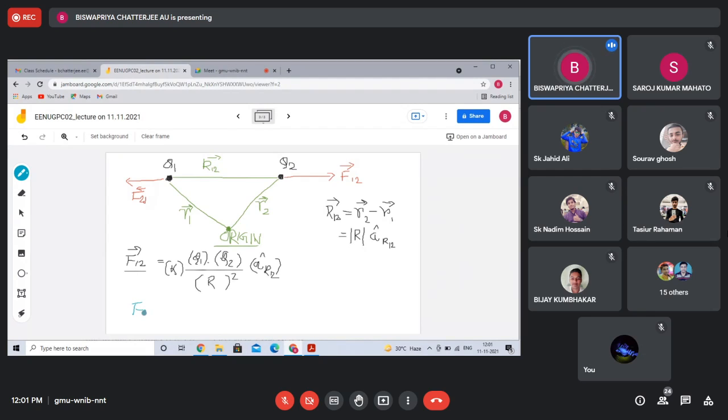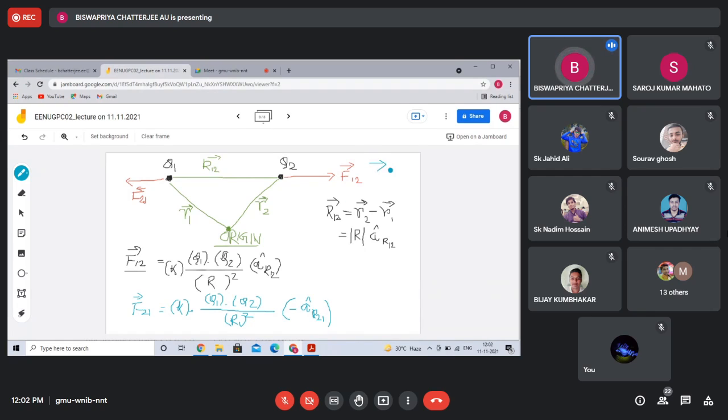Everything will be the same: first the constant, then the term Q1 into Q2, and the magnitude remains the same. But now it will become minus a R21, because these two vectors are oppositely directed.